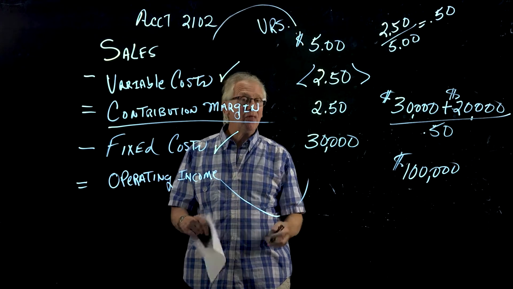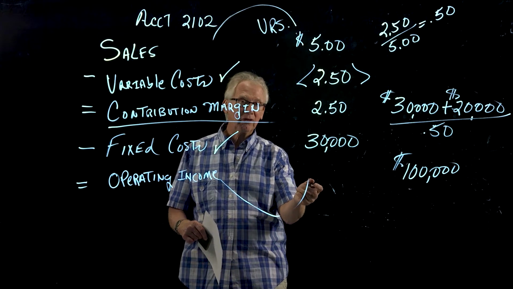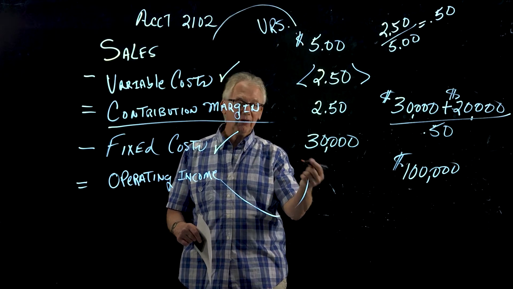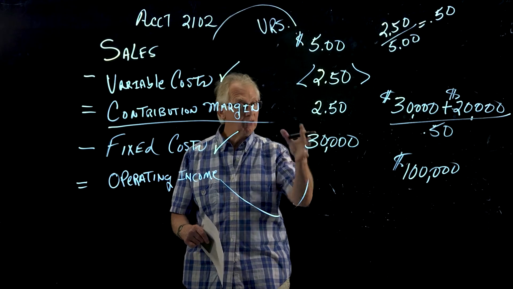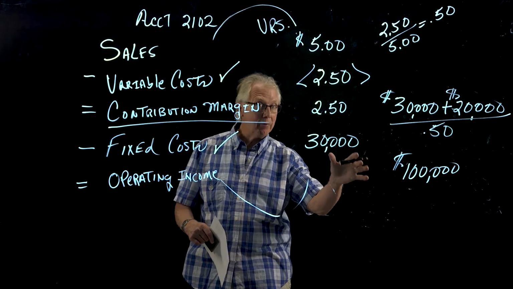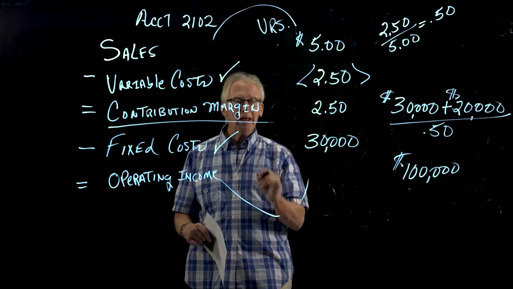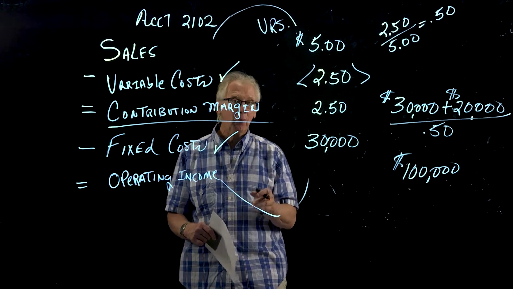Okay, do it like that, and your fixed cost, you'll have a solid number for fixed cost. So you can take your fixed cost and put it over the original contribution margin, and then compare it to putting it over the new contribution margin, and you will be able to see what happens to break even.